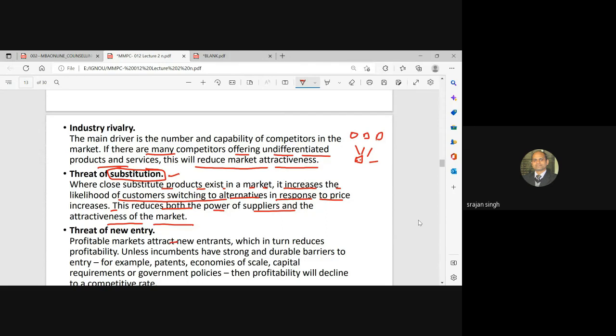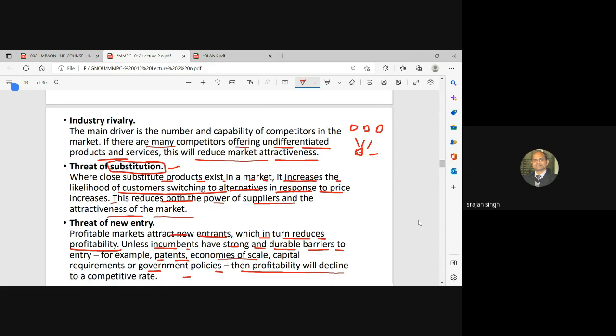A threat of new entry. A profitable market attracts new entrants, which in turn reduces profitability. For example, retail outlets. Unless incumbents have strong and durable barriers to entry, for example patents, economies of scale, capital requirements, copyright or government policy, the profitability will decline to a competitive rate.